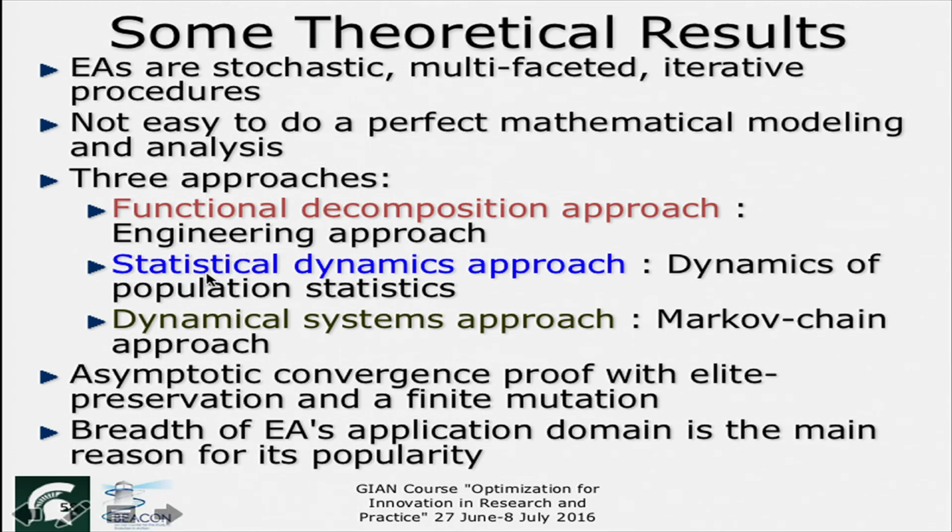On the other hand, the statistical dynamics approach came from mainly people from physics who look at the whole distribution of fitness. So for example, if you take an initial population, every member you compute a function value, you now can look at a distribution of how the fitness value is distributed. And so a distribution can be represented by a mean, by a standard deviation and higher order moments like kurtosis and all that, skewness and everything, right?